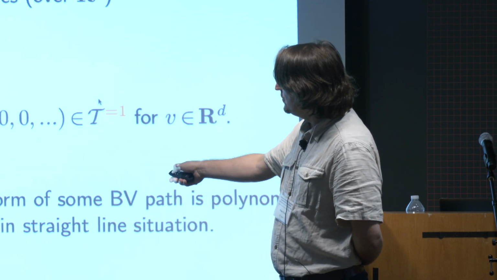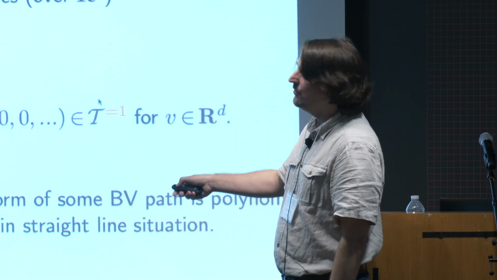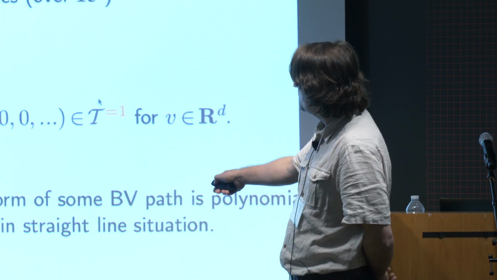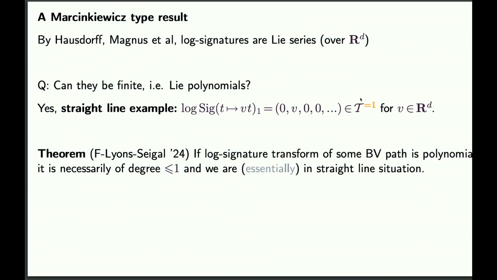You take the signature of this straight line, that was the exponential, the log takes off the exponential, you're back to this direction vector V, and that's clearly a Lie polynomial, even of degree 1. Here's a theorem: if the log signature of a path is polynomial, then it is necessarily of degree 1, the series is trivial. Then you're necessarily in this setting here, okay?